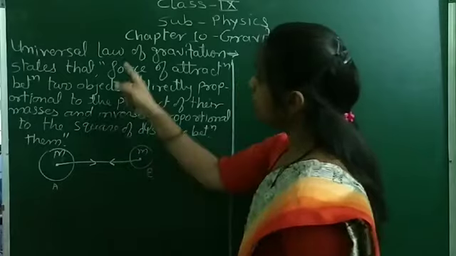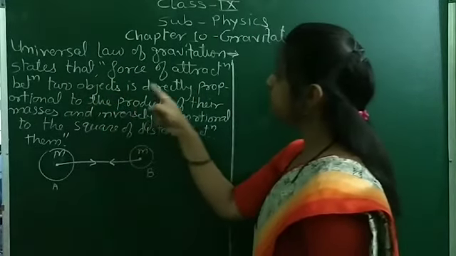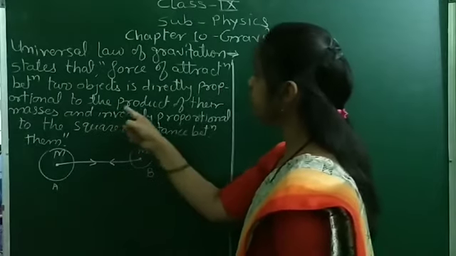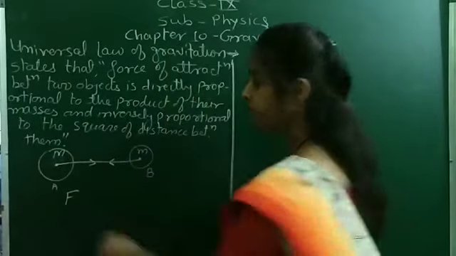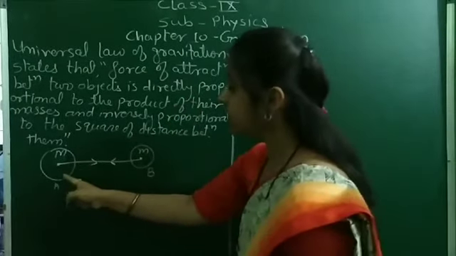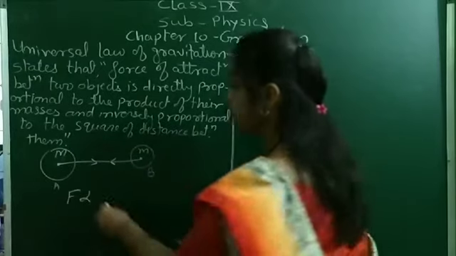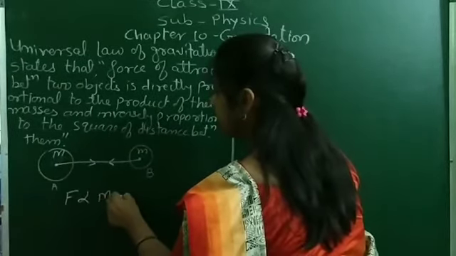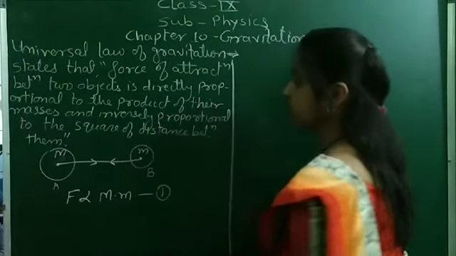Now here we consider two objects A and B. Then what is the law? The law says that the force of attraction between two objects is directly proportional to the product of their masses. That is, the force of attraction, denoted by F, is directly proportional to the product of their masses, capital M into small m. We call this equation 1.